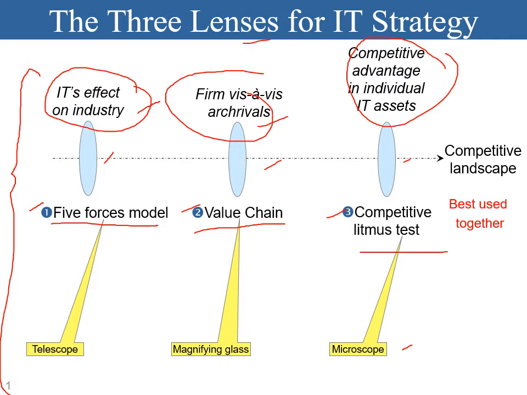And the last one, the competitive litmus test, focuses on an IT asset in your company, which is about how the IT asset creates and sustains a competitive advantage. Okay. That's all for this diagram, the three lenses for IT strategy.